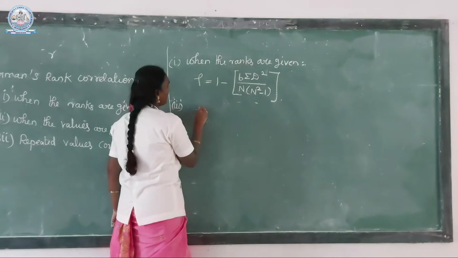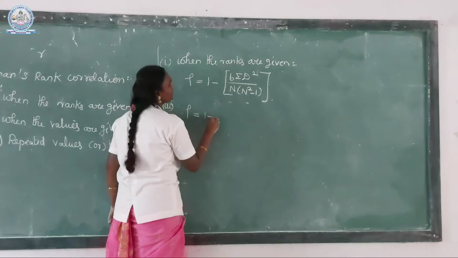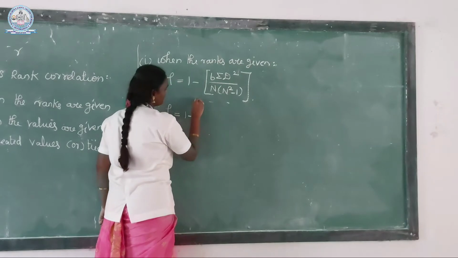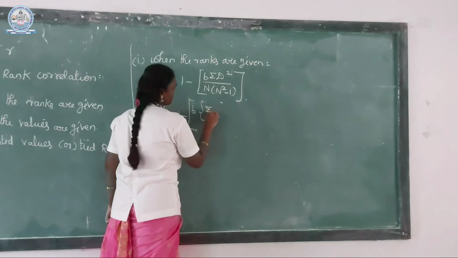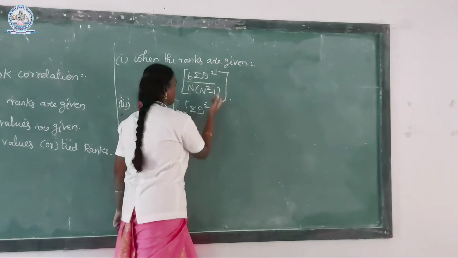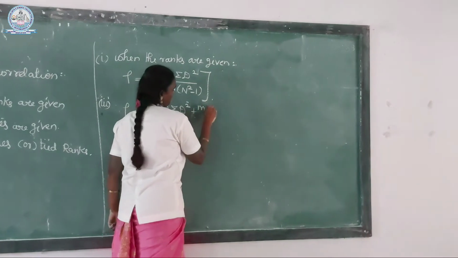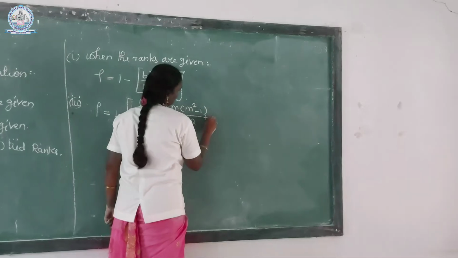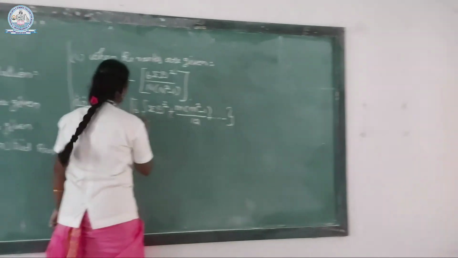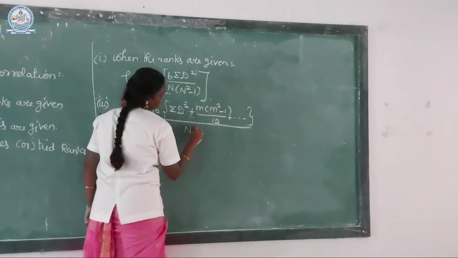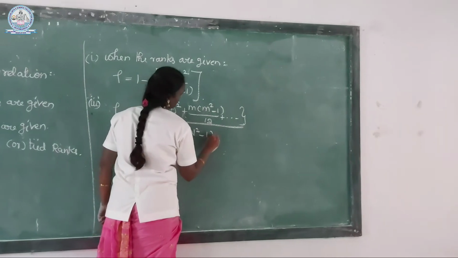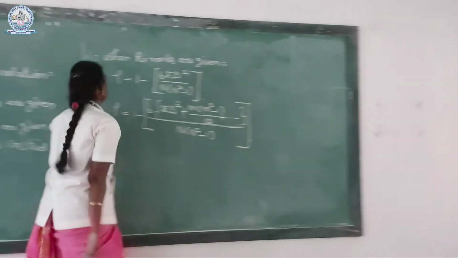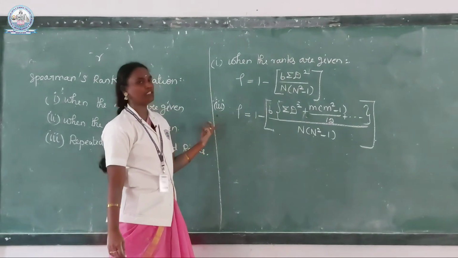The formula for rank correlation with repeated values and tied ranks is this.